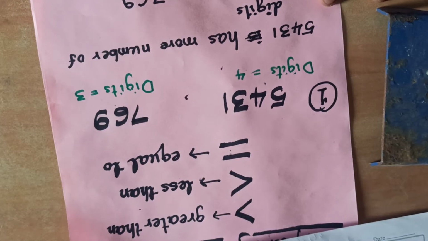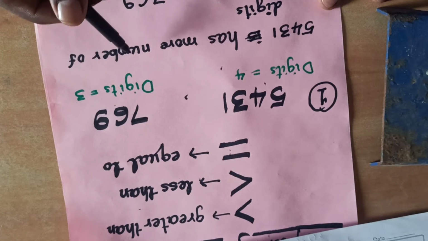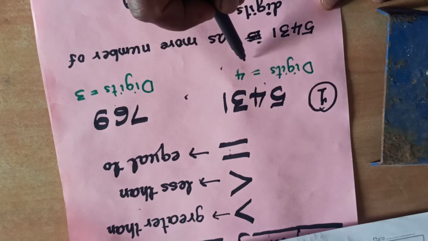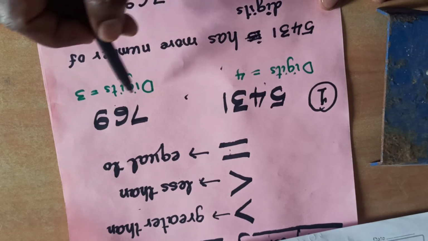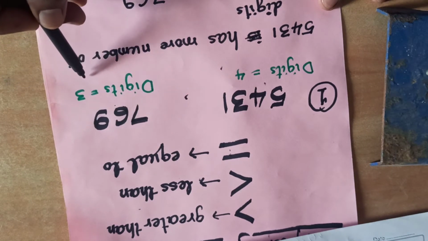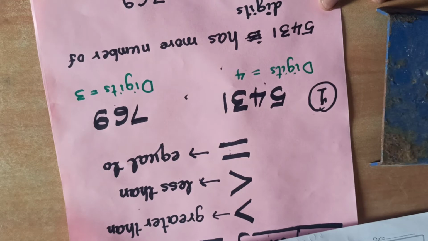Now, you can tell which number is greater. This number has 4 digits, and this number has 3 digits.